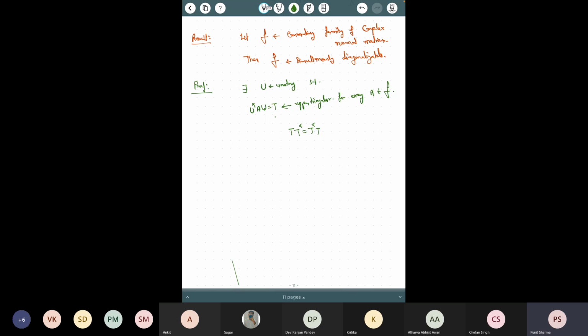If we compare the left-hand side and right-hand side, what do we get? That implies that T is diagonal. So from here itself we can say that the normality implies that T is diagonal, and we are done.